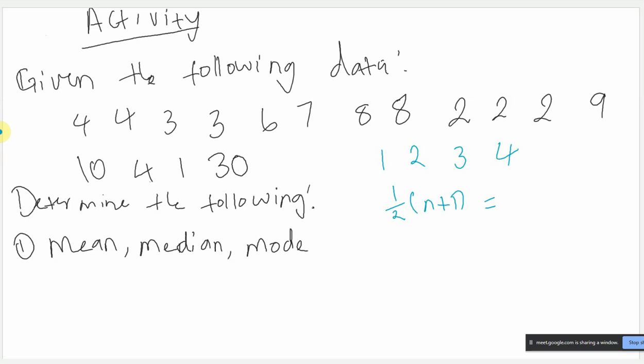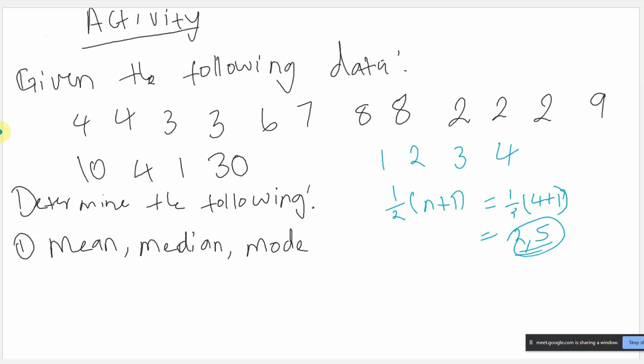So my data is 1 over 2 times 4 plus 1, which gives me 5 divided by 2, which is 2.5.